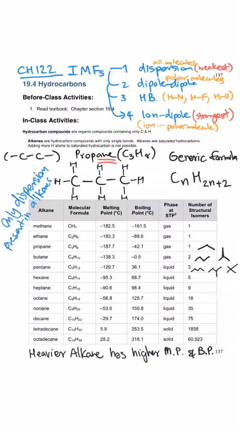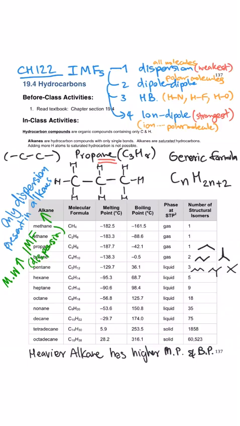Therefore, the dispersion force would be stronger because it's going to be induced into a temporary dipole very easily. So in this case, we can conclude that as molecular weight increases, the intermolecular force, which is dispersion, is also going to be stronger. It will increase.